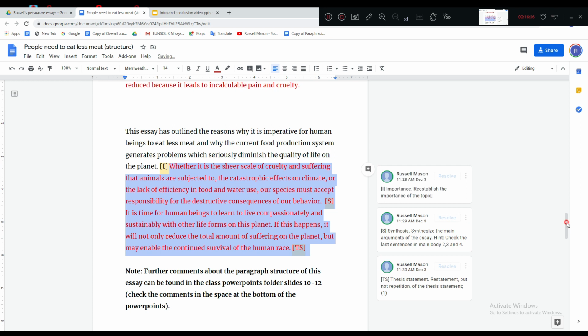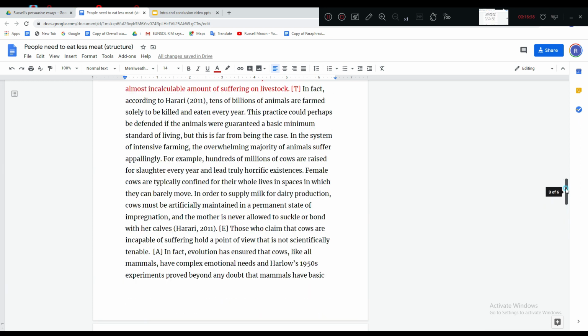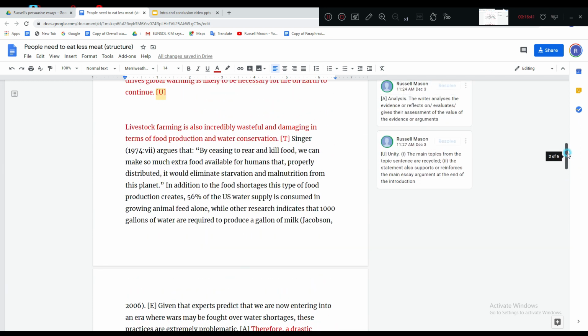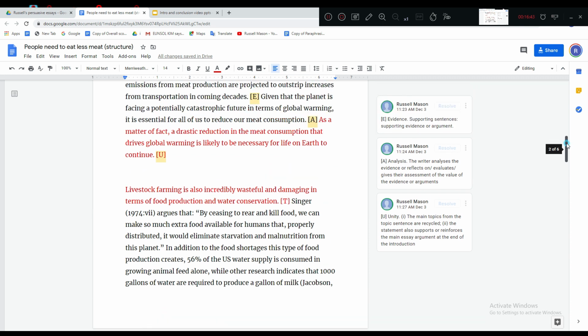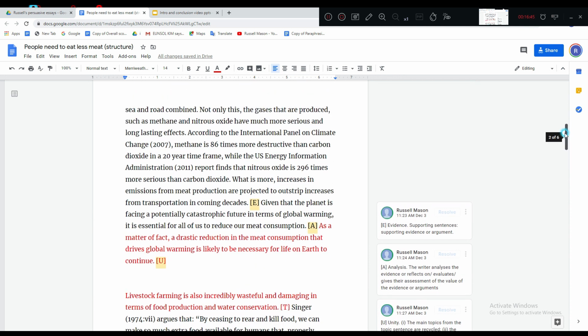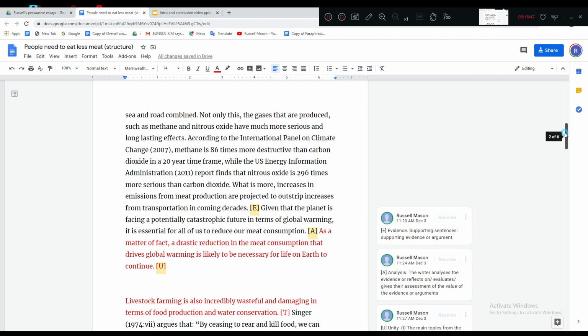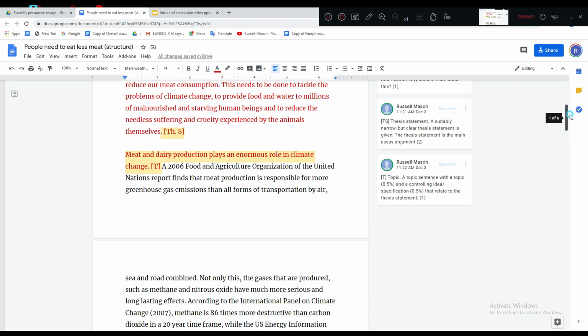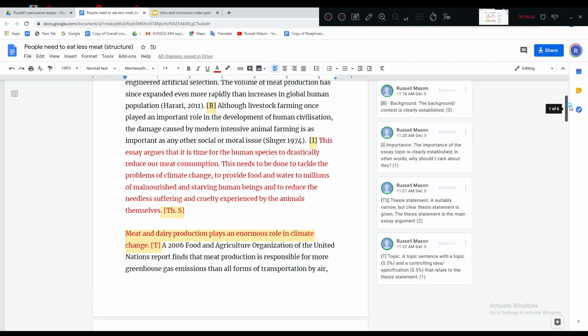So these sentences, the relationship between these sentences, how closely they are integrated, how strongly they support each other, is the overall effect, is the overall impact of the essay.